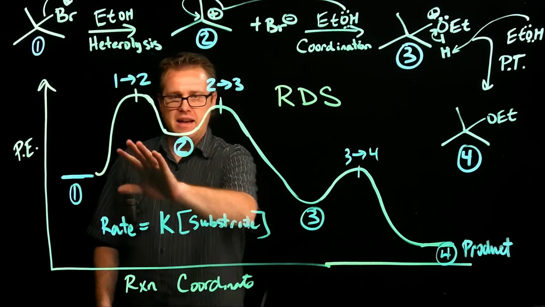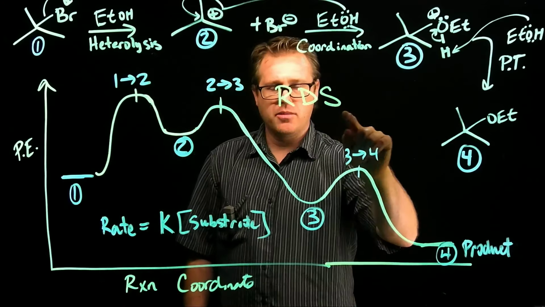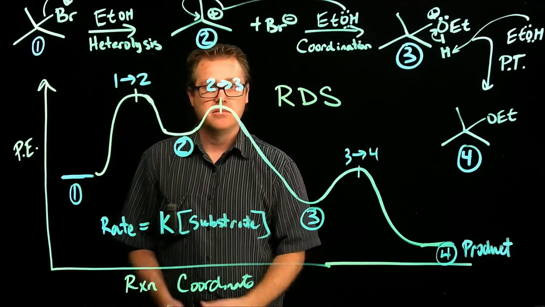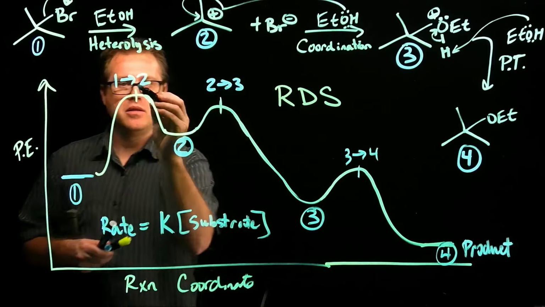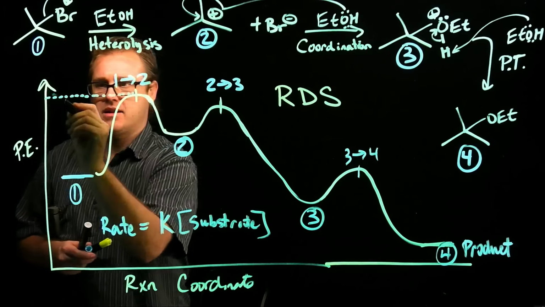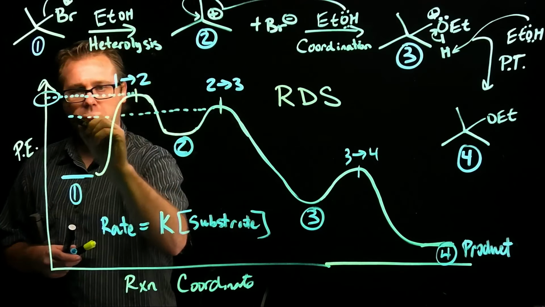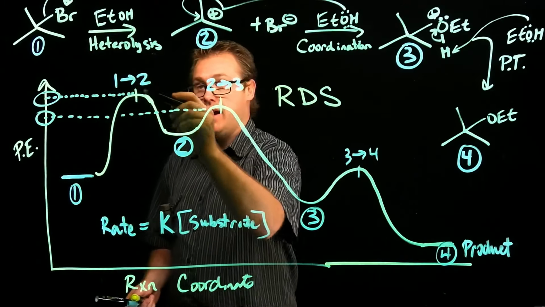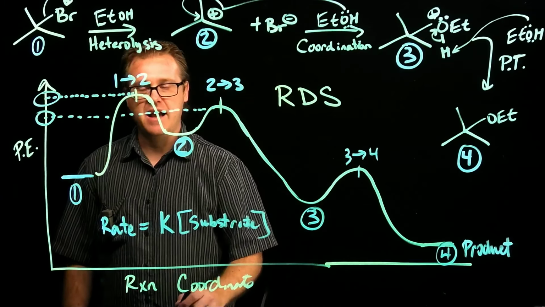When you look at an energy diagram, in order to find the rate determining step, you just need to find the hill that's the tallest. And right here we see that that is clearly higher in energy than that peak. Or saying it another way, it is the highest peak. So that is our rate determining step.